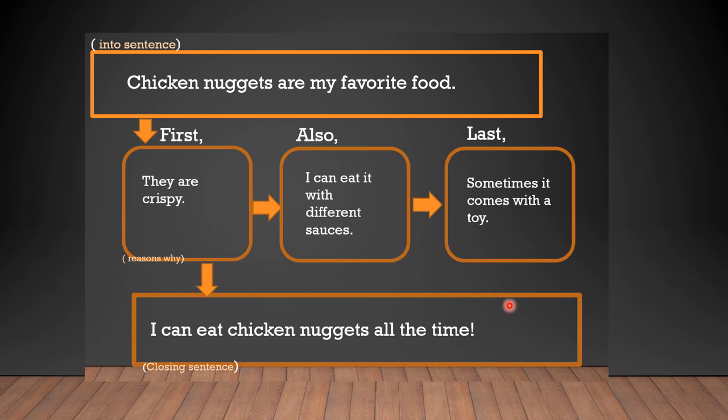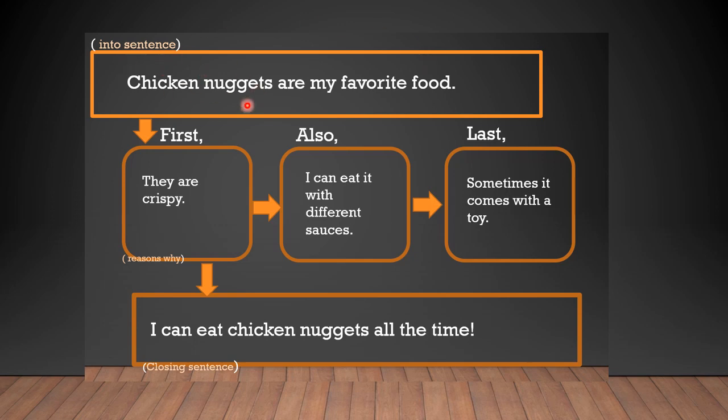Now I have to go back and rehearse and really listen to the sentences, see if I can add some detail, or maybe I made a mistake or a word doesn't make sense. Maybe I have a capital letter where it doesn't belong. So I just have to go back and make sure that everything is ready for me to write. So here in my introduction sentence, I have chicken nuggets are my favorite food. Yes, that is true, but what kind of chicken nuggets?